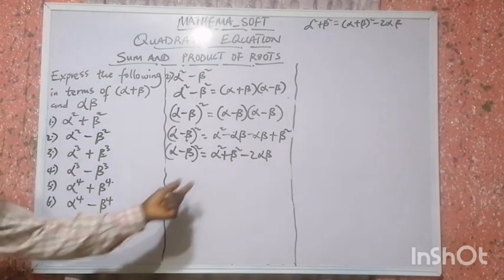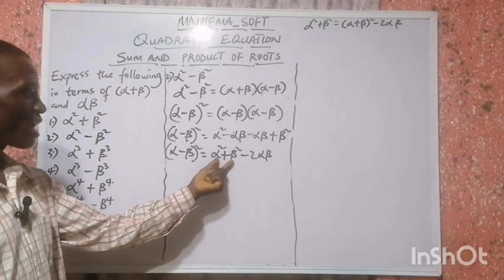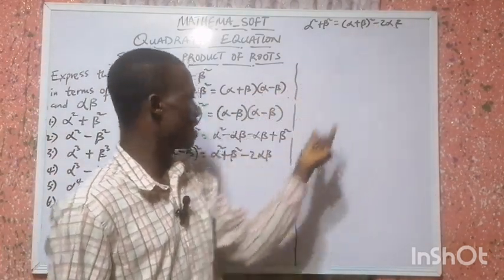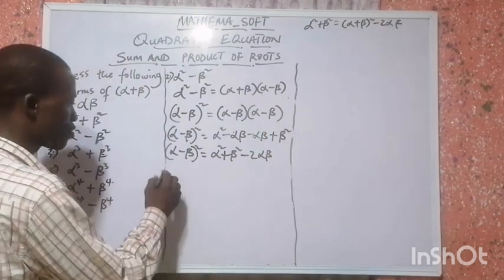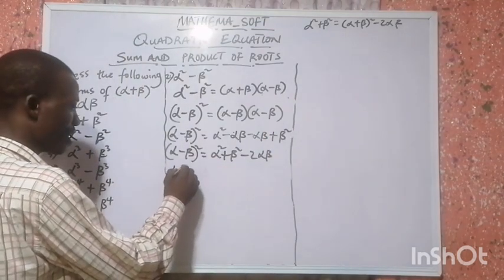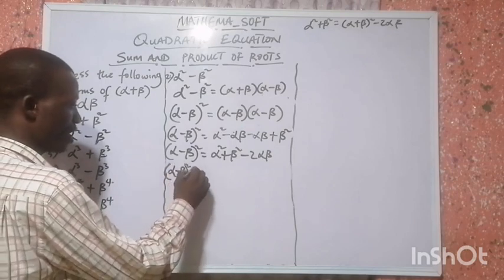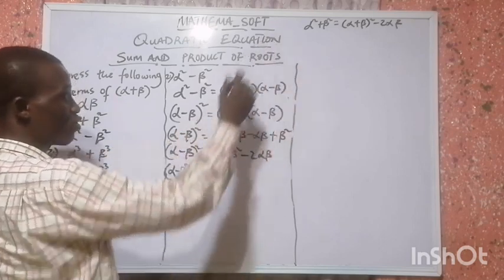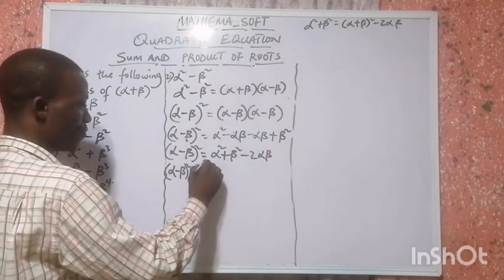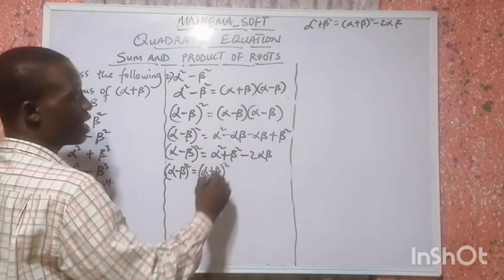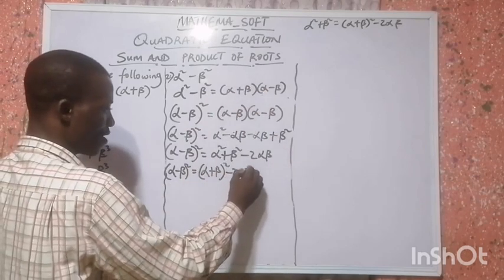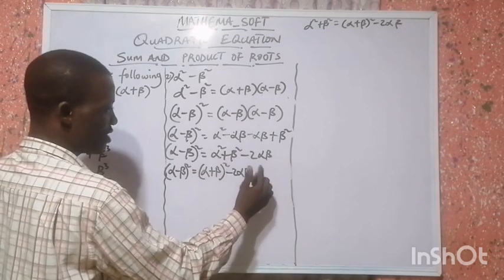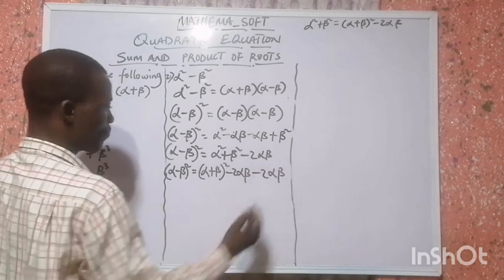Don't forget that we already have a substitute for alpha square plus beta square, which makes our work easier. We have calculated it to be this, so we can easily put the value now. So alpha minus beta all squared equals alpha plus beta all squared minus 2 alpha beta, minus another 2 alpha beta.